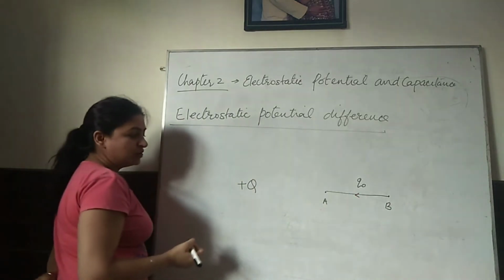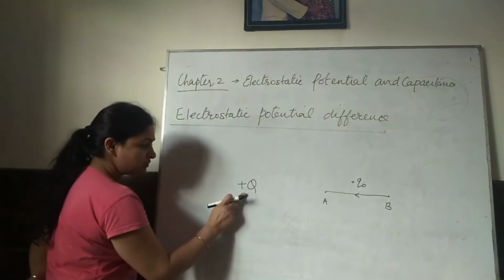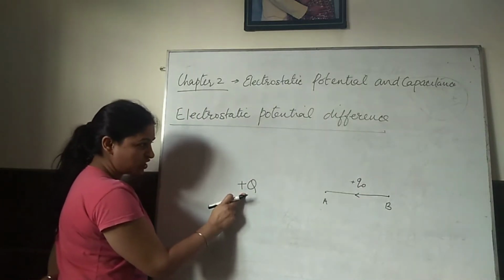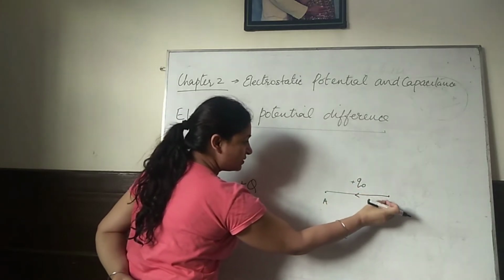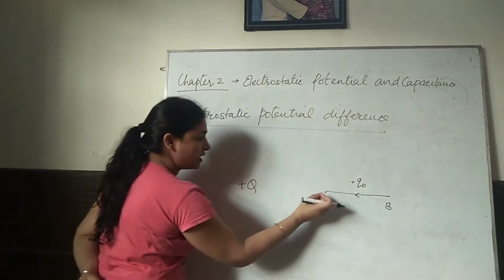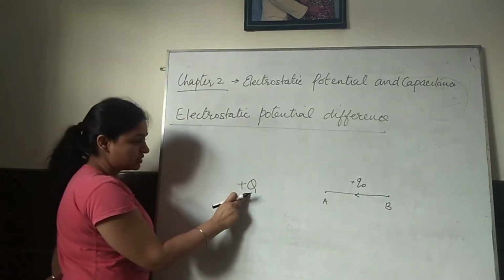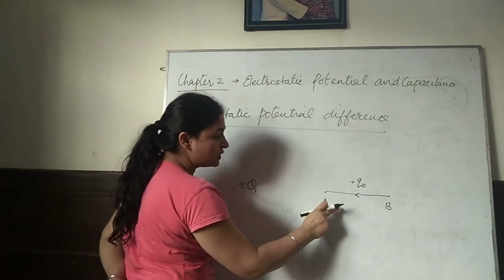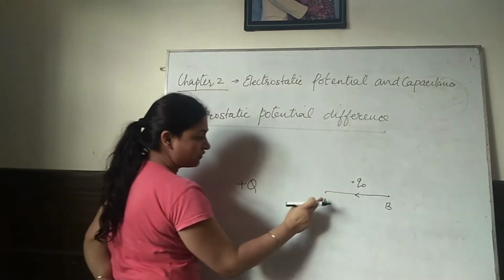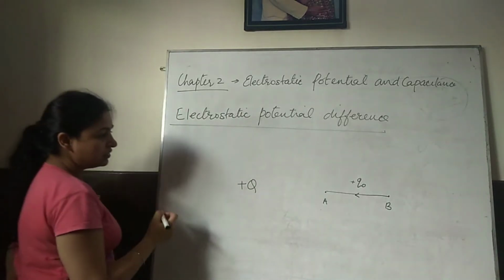Now you see, if this is also a positive test charge, this positive source charge is going to repel this test charge. So if you want to bring this test charge from B to A, you have to do the work against the force of repulsion of this particular source charge. So how much work you are going to do in bringing the charge from one point to the other point, that will give you the potential difference.